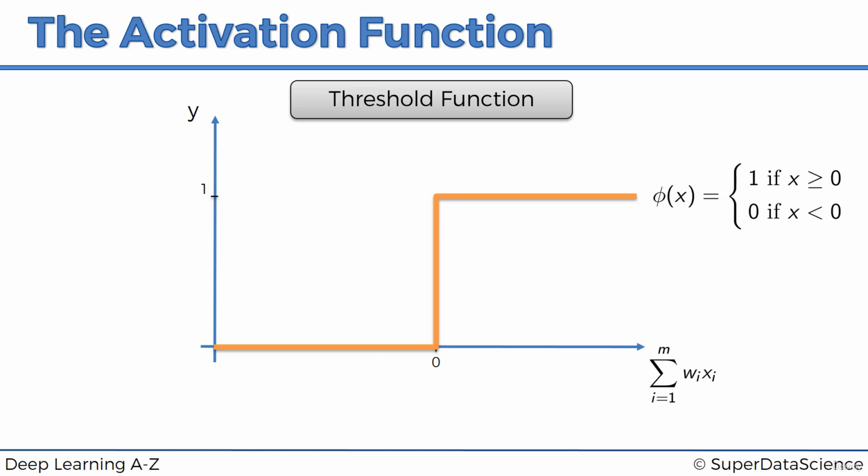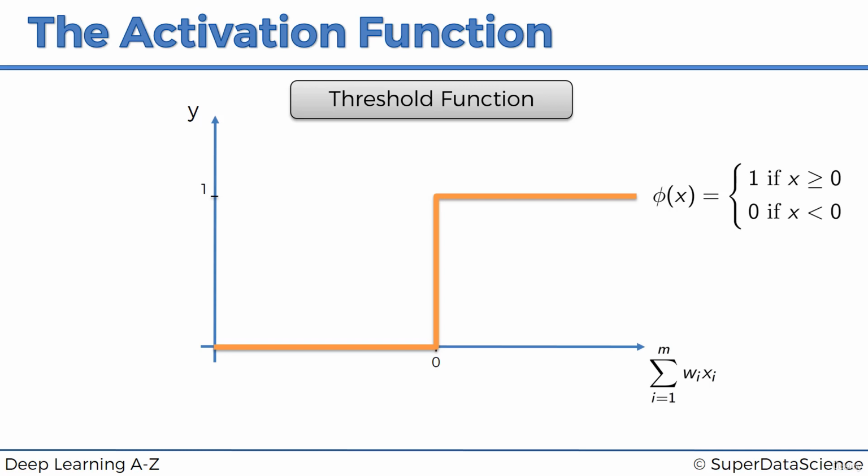If the value is more than 0 or equal to 0, then the threshold function passes on a 1. So it's basically kind of like a yes-no type of function, very straightforward, very rigid, either yes or no, no other options. So there you go, that's how it works, very simple function.